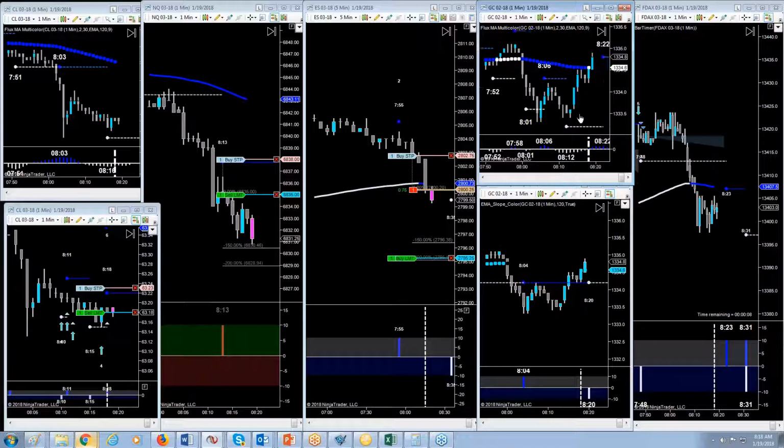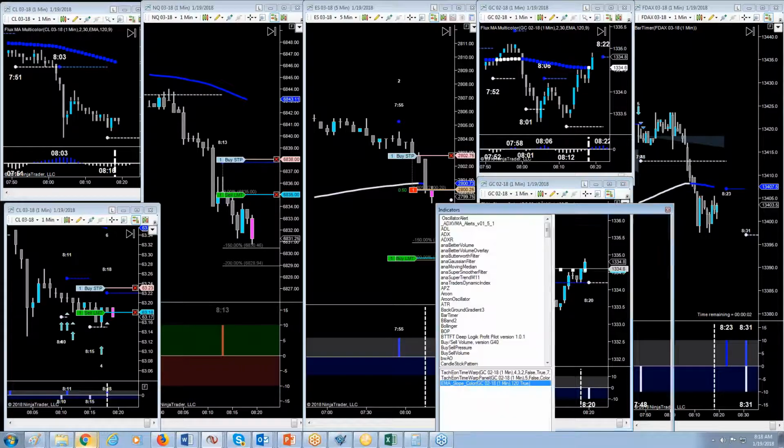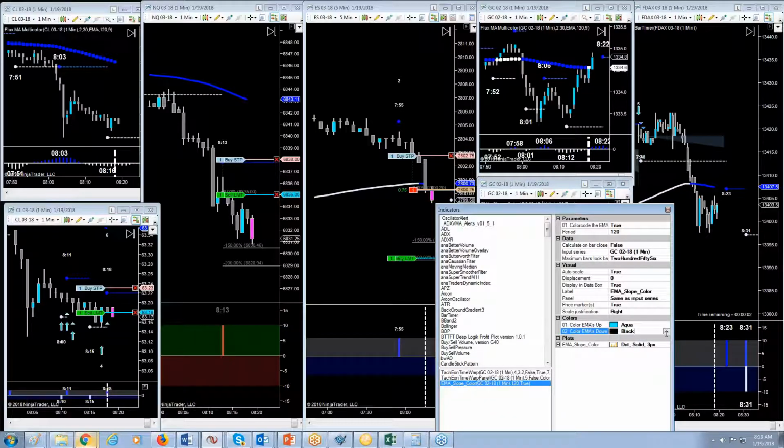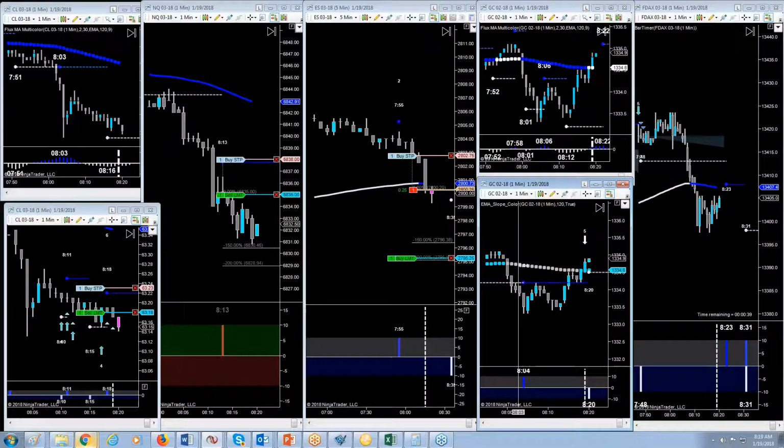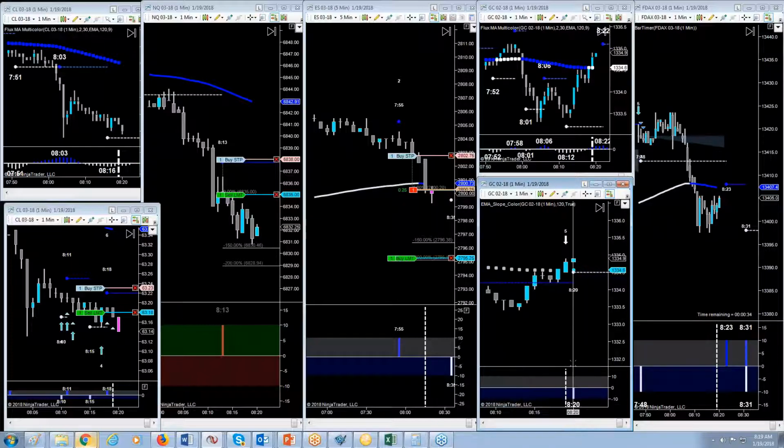Over here on gold, try to get the moving average to actually show up. 8:20, we have a signal.